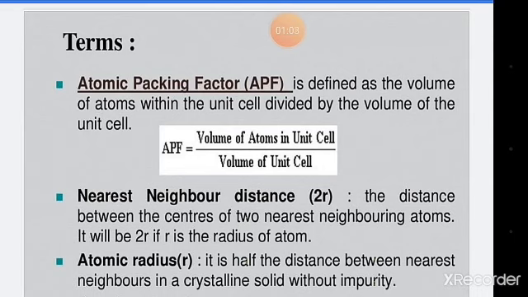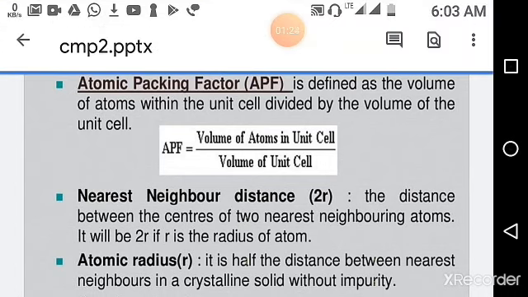If the atomic packing factor has a low value, the atoms are loosely packed. Otherwise, the atoms are closely packed. Atomic packing factor is a dimensionless quantity and always less than unity.